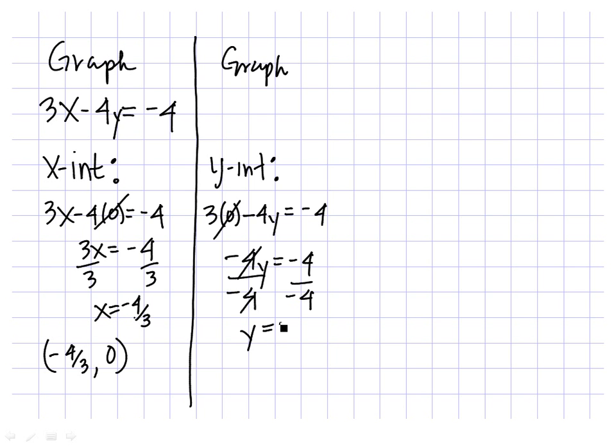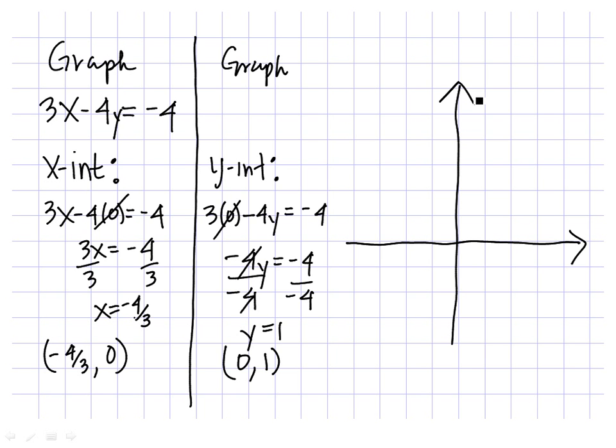Y equals positive 1. Therefore, that point is 0, 1, because you just plugged in a 0 for x, and y equals 1. Alright, so we can plot these 2 points to draw a line.